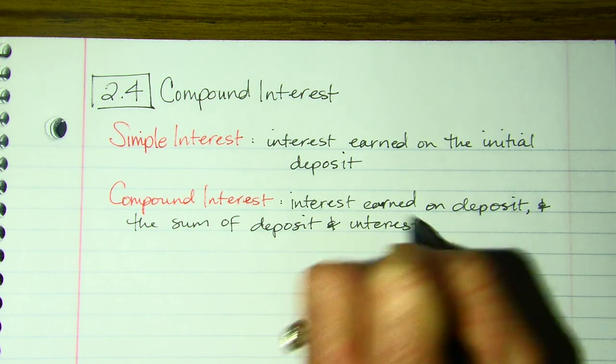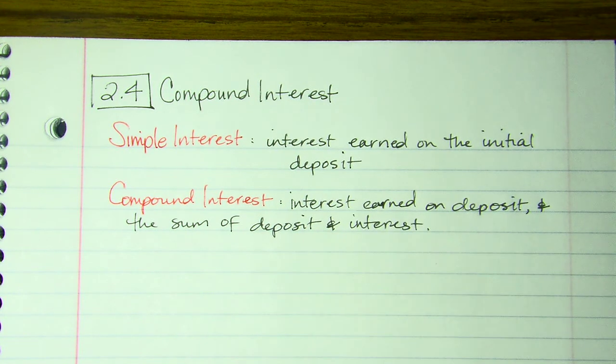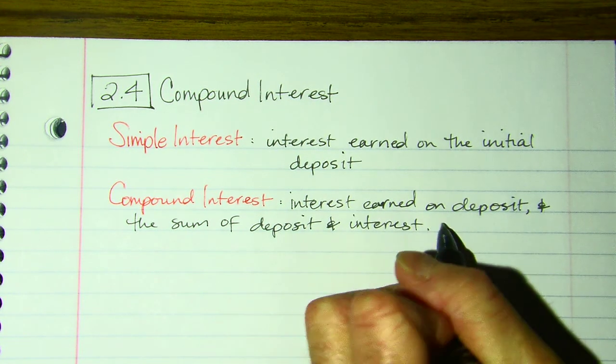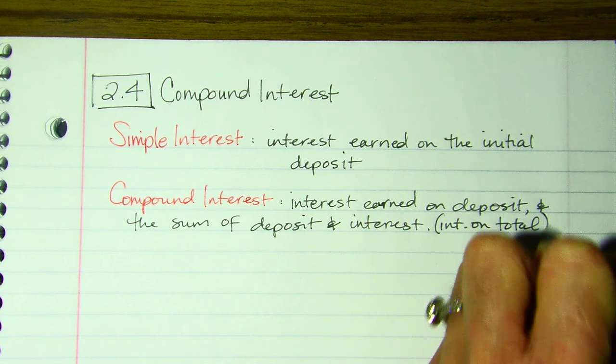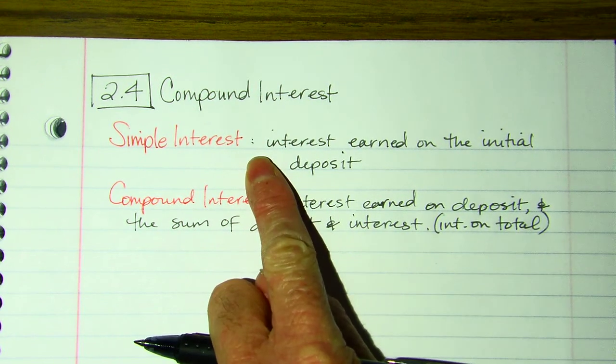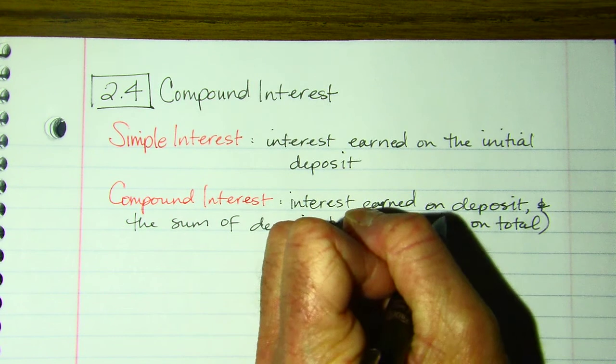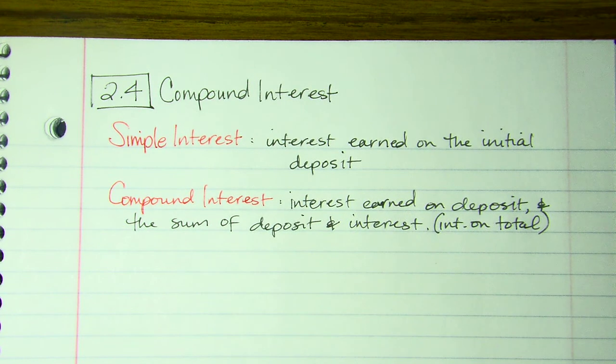So it's a running total. It's like this year's interest is taken on the total. Where simple interest is only on your deposit, compound interest is on the total in the account. So you can make a lot more with compound interest.